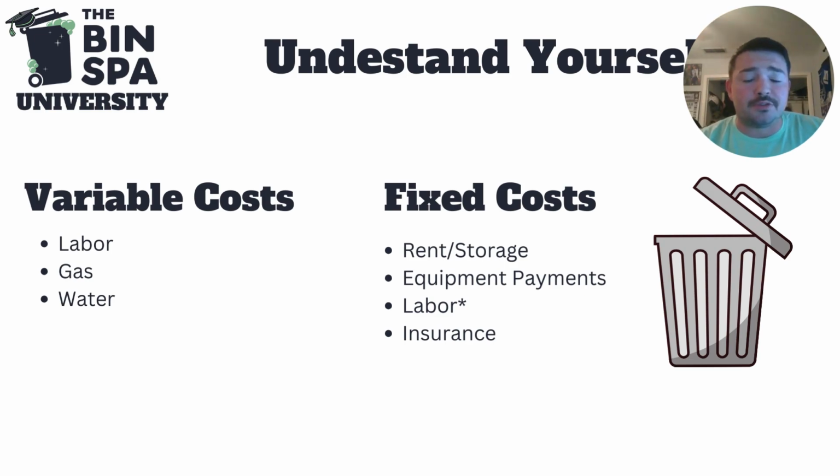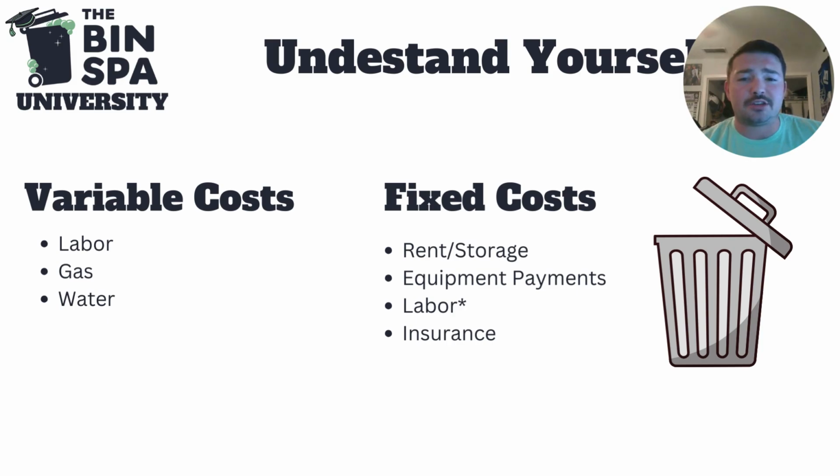So first and foremost, apologize if my face is cutting some of these words off, but we want to understand both ourselves internally and our market externally. So I'm not going to go into this too much. This is going to be another subject altogether, talking about expenses, but you got to understand your costs. Your variable costs are going to be labor, at least if it's an hourly employee. Gas is going to be your biggest one, and then water usually shouldn't be too bad.